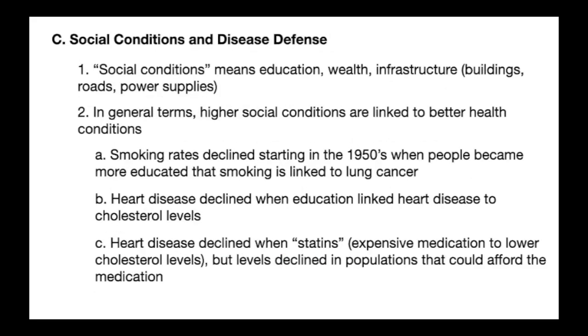Okay, now the curriculum calls for talking about social conditions and disease defense. So social conditions, what does that mean? Well, that means education, wealth, infrastructure, like buildings, roads, electricity coming to the houses and the buildings.